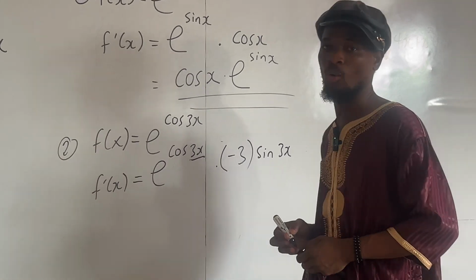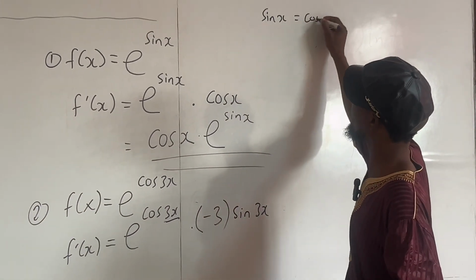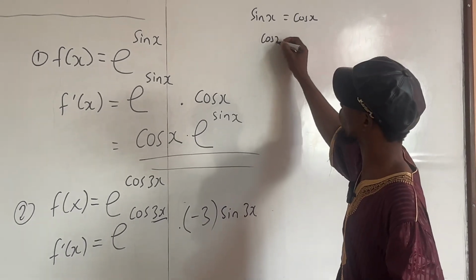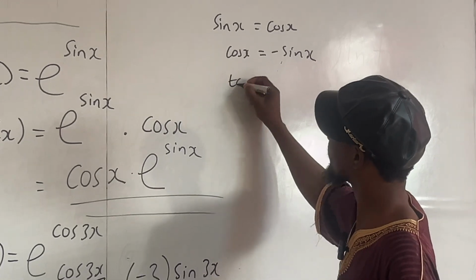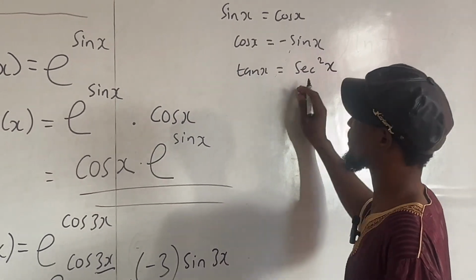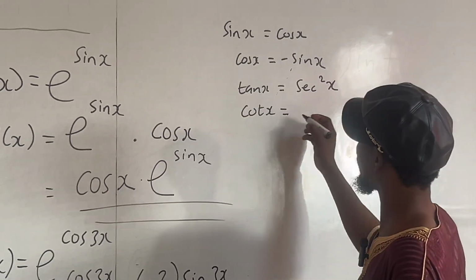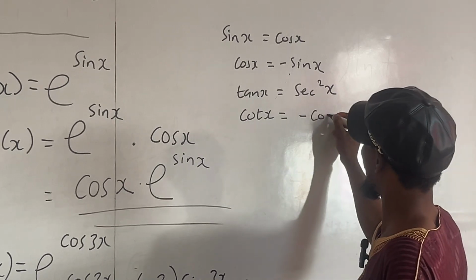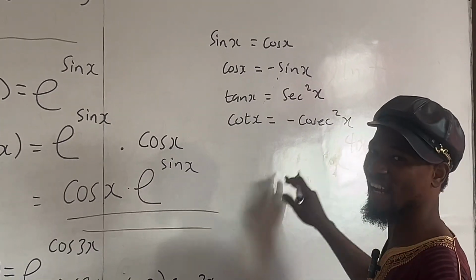When you differentiate sine x, you have cos x. When you differentiate cos x, we have negative sin x. When you differentiate tan x, we have sec squared x. When you differentiate cot x, you have negative cosec squared x in that regard.